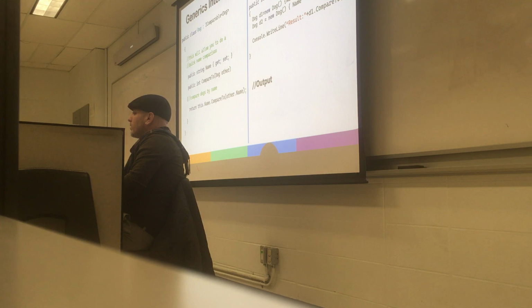Now, the Dog class has string Name, get and set, and public int CompareTo with data type Dog. This is the object of this data type, or the instance of the Dog, called other. So return this.Name.CompareTo(other.Name).